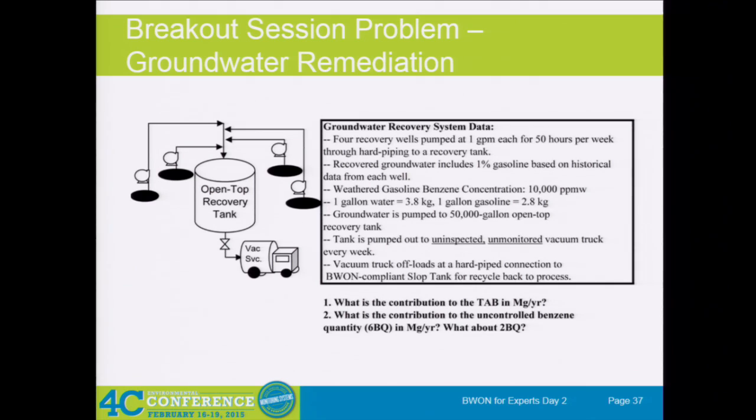Open top recovery tank. And the tank is pumped out by a vacuum truck every week. But the vacuum truck offloads at a hard pipe connection to a B1 compliant slop tank. What is our tab contribution? And what is our contribution to the BQs?